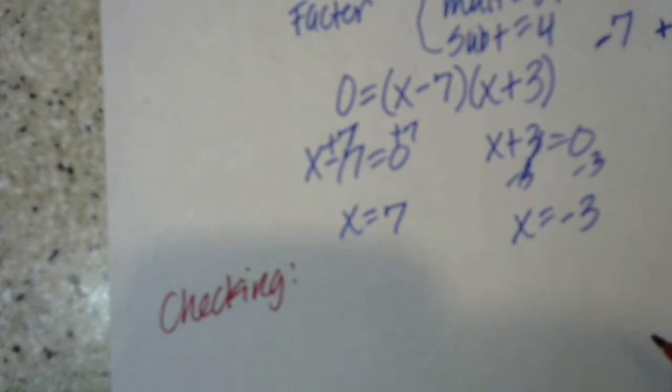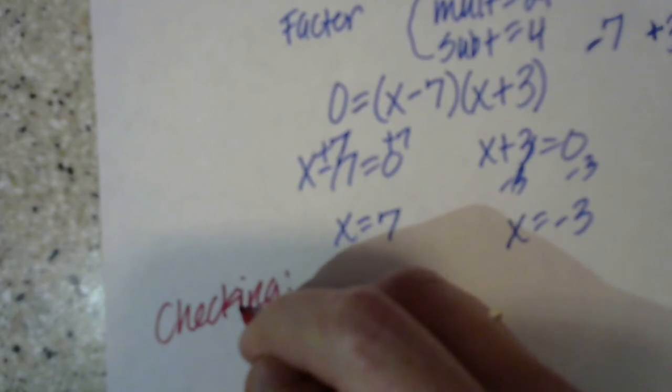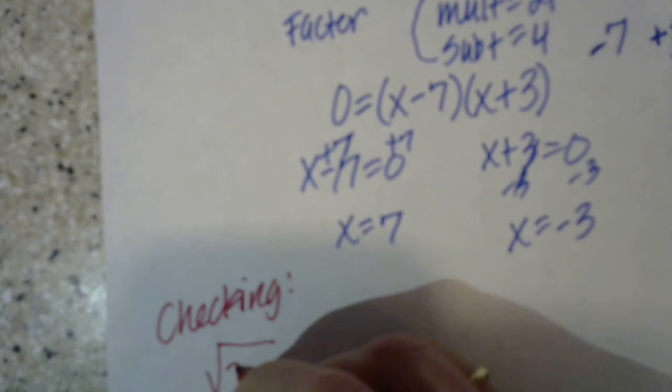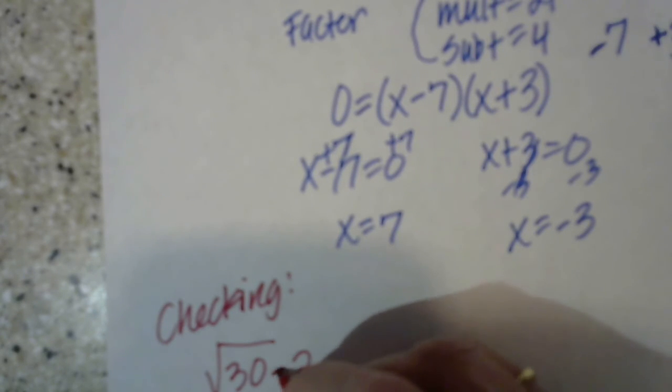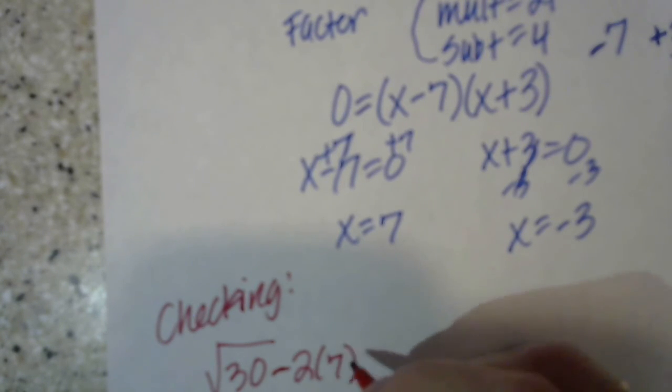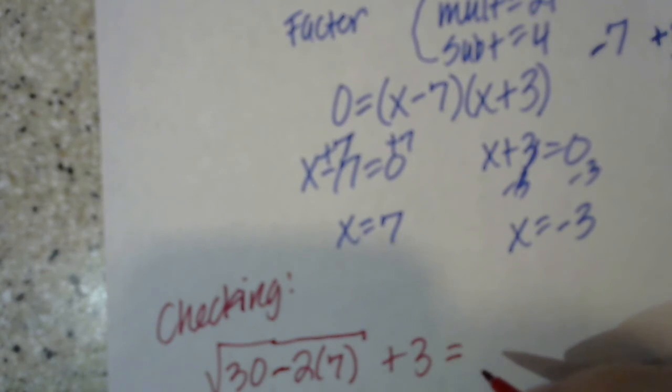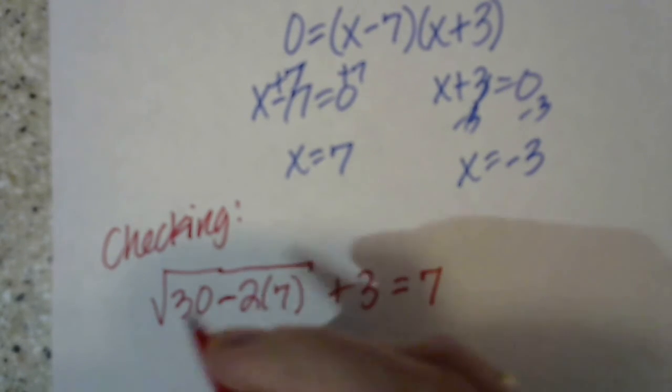So I'm going to check these. Square root of 30 minus 2 times 7 plus 3 equals 7. So that's one that should work.